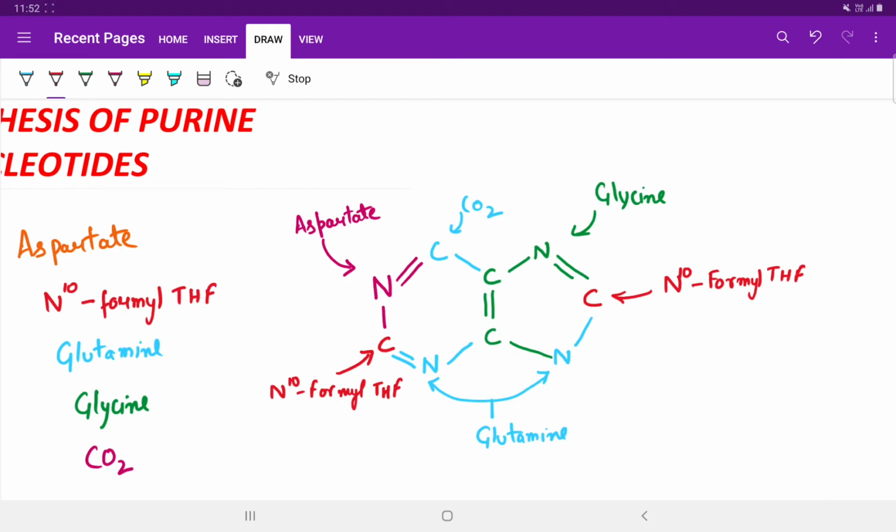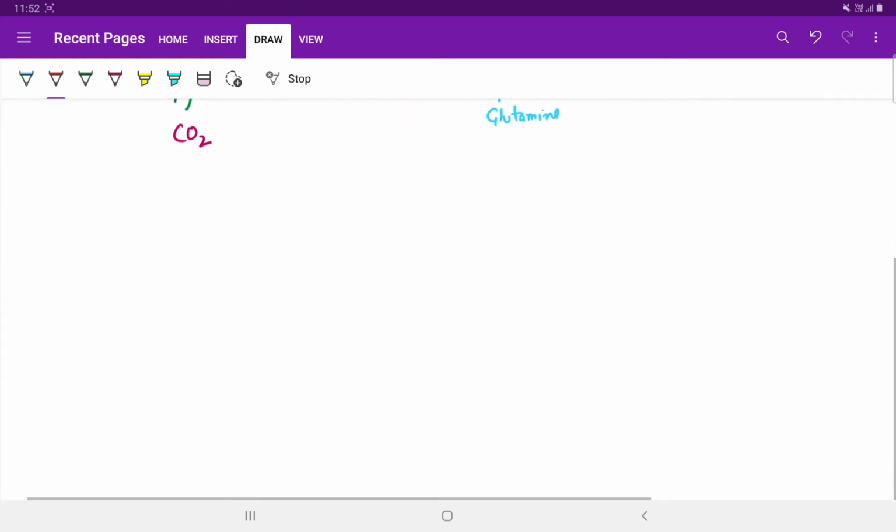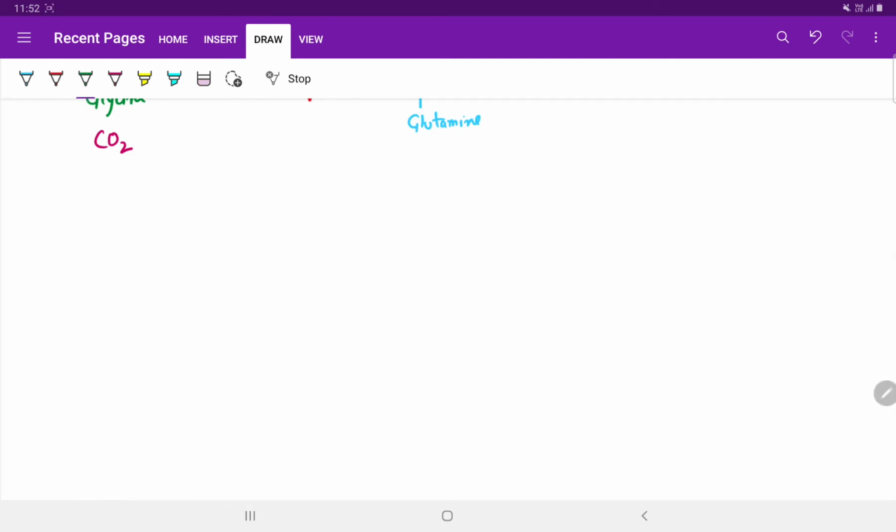So now let us see how this synthesis occurs. It's going to be quite a long lecture, so kindly prepare the notes alongside so that you don't forget where the molecules are coming from. We shall be starting this reaction from alpha D ribose 5 phosphate. I shall be drawing the structure, so do remember how these are drawn.